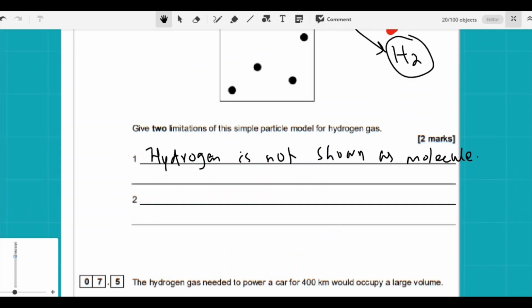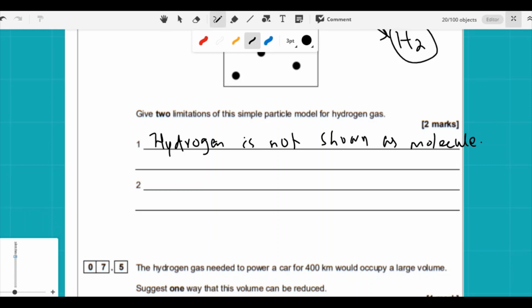You can write any one. For example, I am going to write the second one: that it does not show any weak force between the particles.